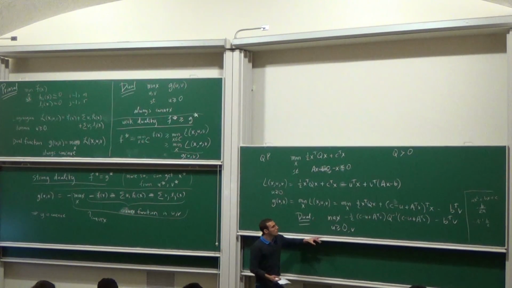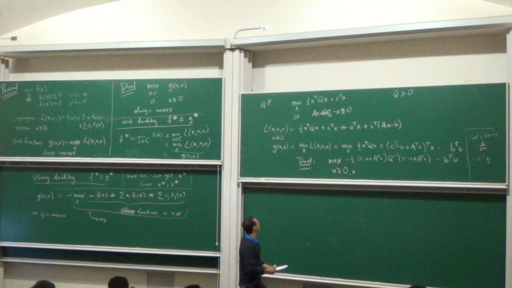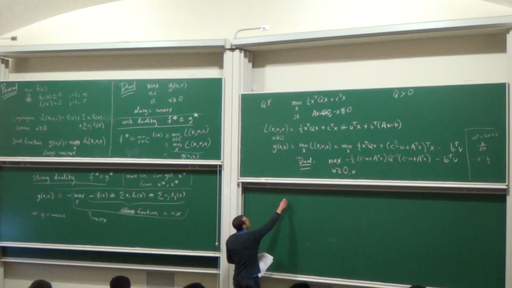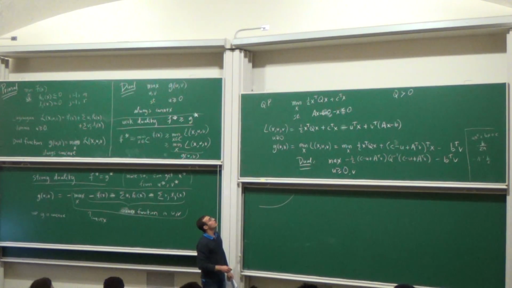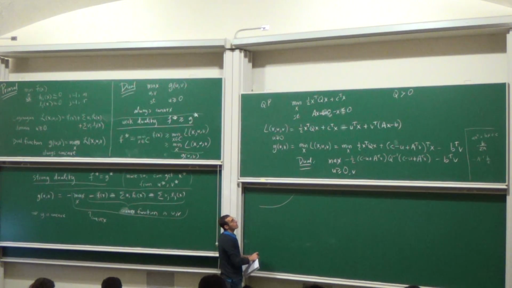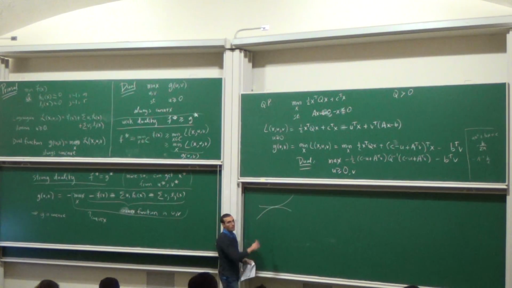In other words, if I were to plot the primal criterion quadratic over its domain, and plot the dual quadratic over its domain, they touch. The minimum of this one is equal to the maximum of this one.